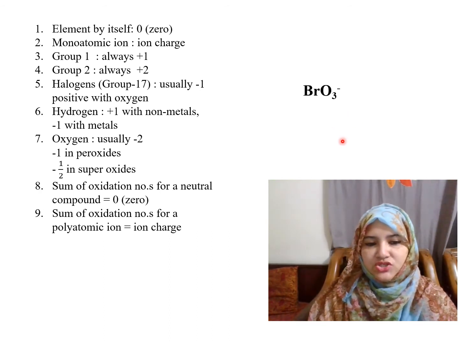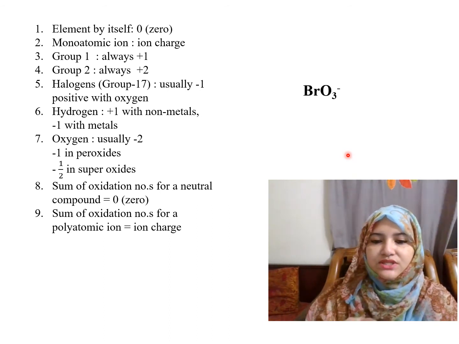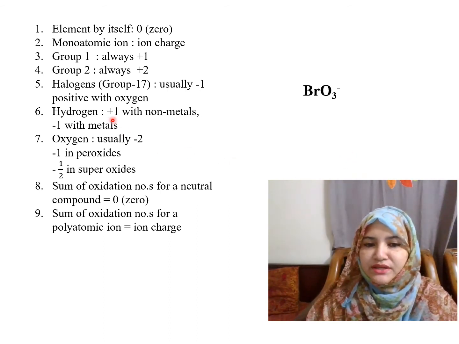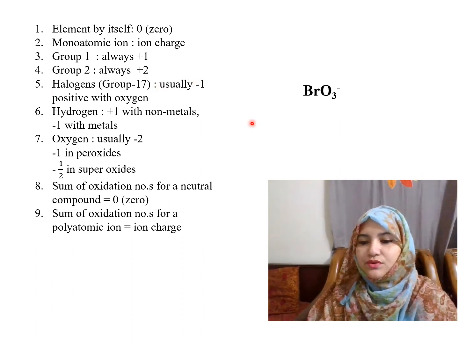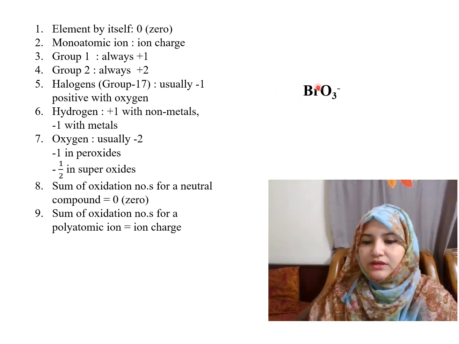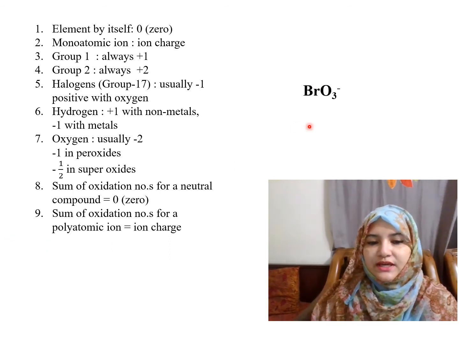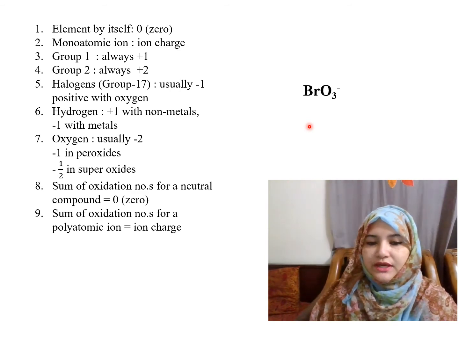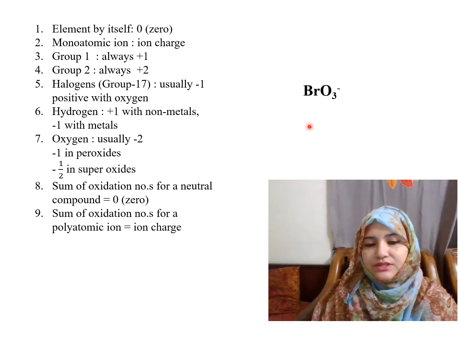Bromine is one of the halogens, and the rule for halogens is that they are usually minus 1, the rule for the group 17 halogens, and they are positive only with oxygen.